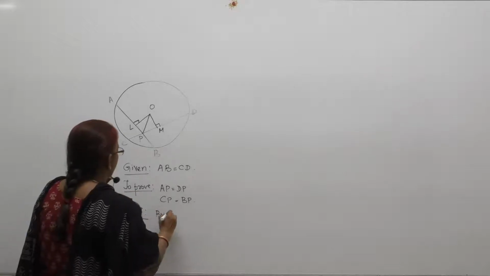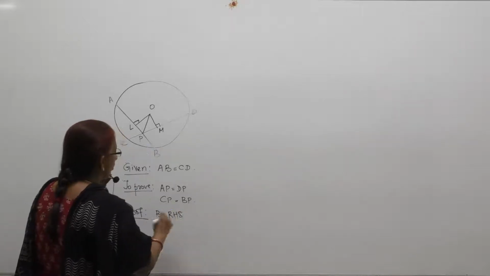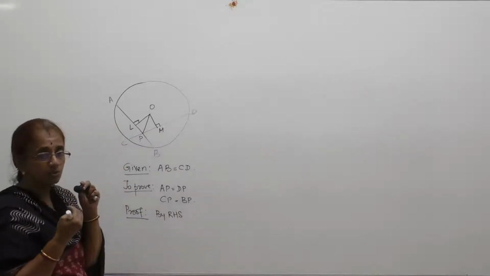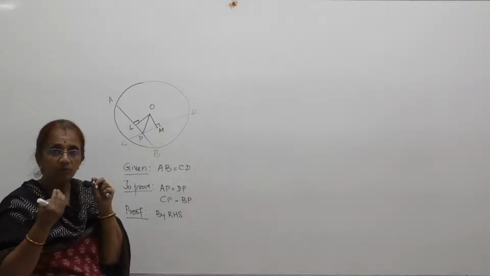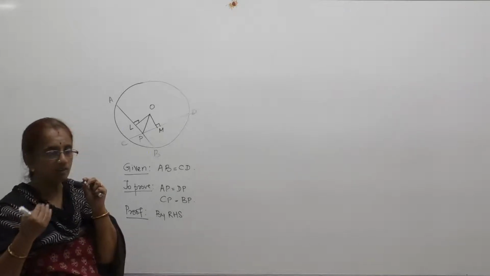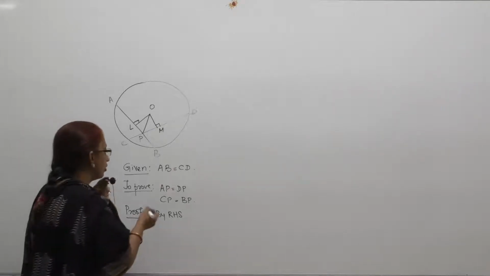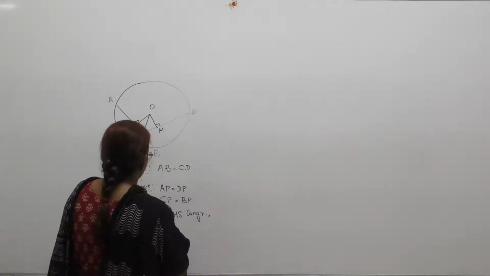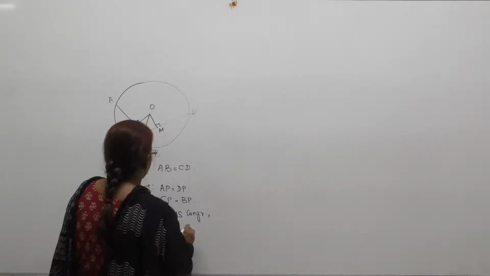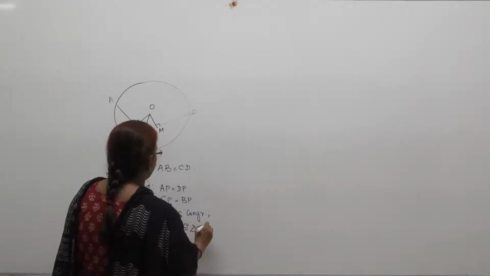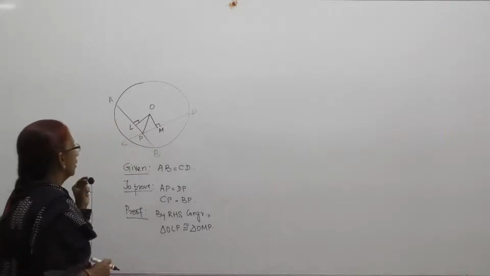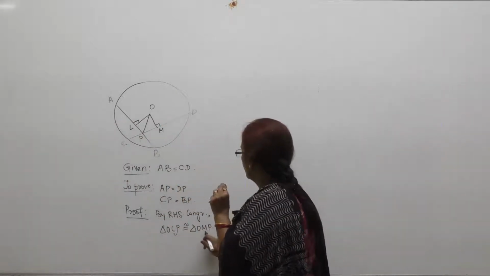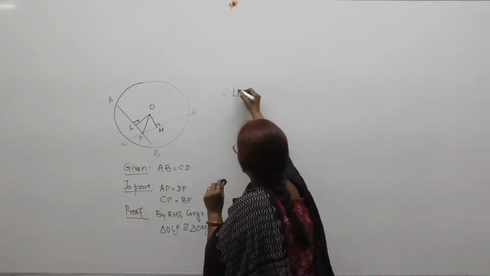You should be expanding these steps. You cannot just write like how I am writing now. You need to write, consider the two triangles and prove that they are congruent using RHS. In 3 steps, you need to clearly write that you are proving it by RHS congruence. So triangle OLP is congruent to triangle OMP, which means LP equals MP, right? Therefore, LP is equal to MP.